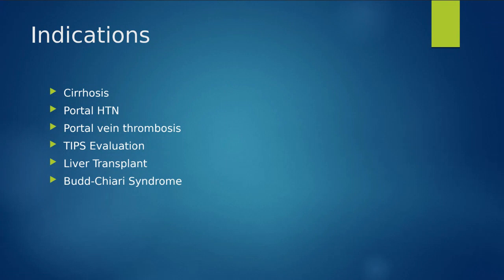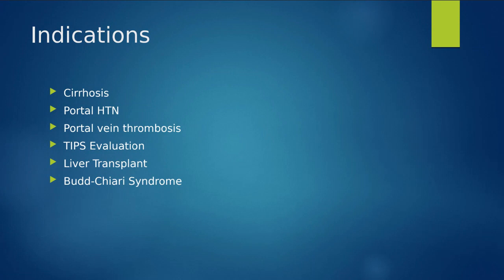We've talked about this previously, but any patient who has cirrhosis, whether it be acute or chronic, even some hepatitis patients will come in for Doppler exams as well. Anyone with questionable portal hypertension, we're going to talk about that a little bit further today. Portal vein thrombosis, we're going to get to that as well. Also a TIPS evaluation.